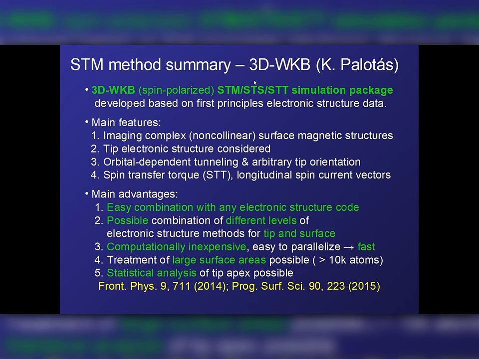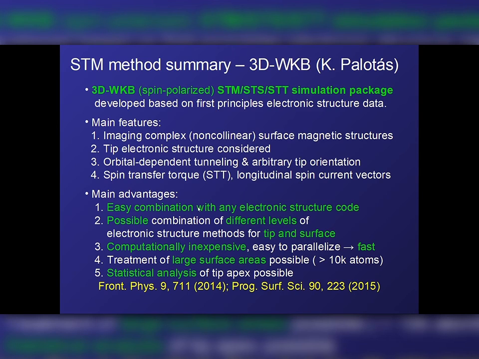We use this 3D WKB method for STM, STS, and STT simulation. So we can image complex non-collinear surface magnetic structures. We can consider the tip electronic structure. We can consider orbital-dependent tunneling and arbitrary tip orientation. We can calculate the spin transfer torque and the longitudinal spin current vectors.